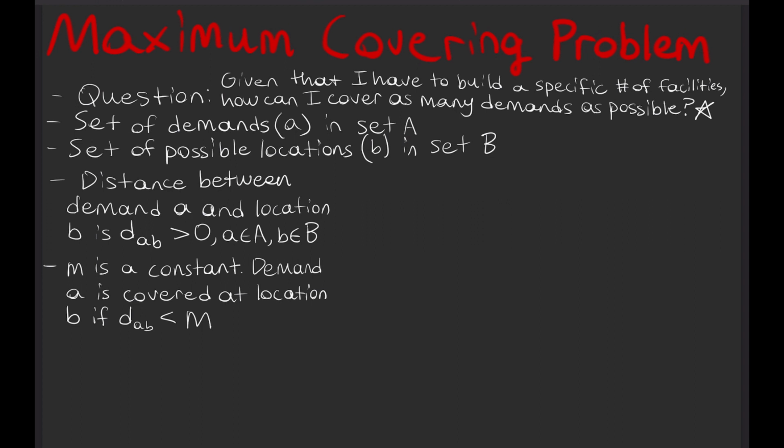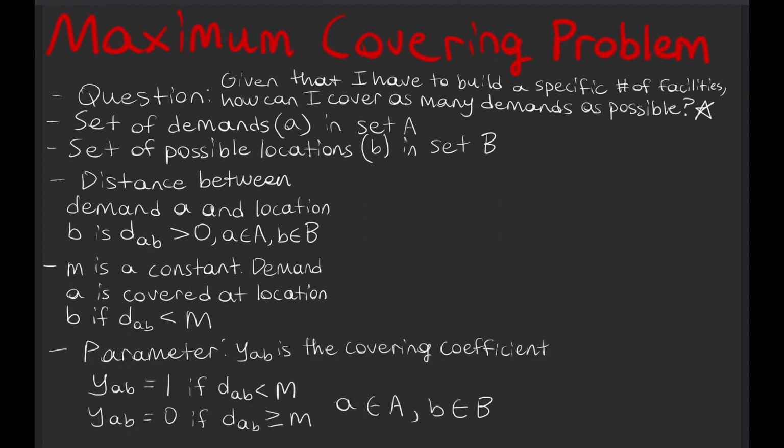Demand A is covered at location B if DAB is less than M, so M is the maximum distance allowed between a demand and a location. If DAB is less than M, the facility covers that specific demand. So this is nothing new. I explained this in the last problem.